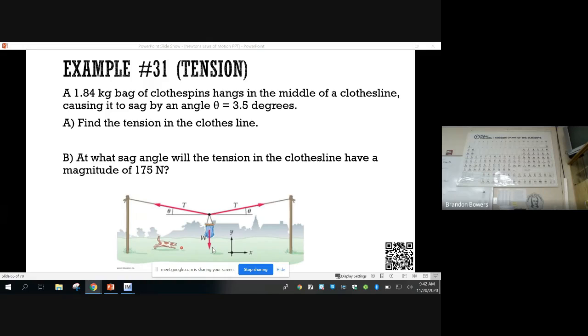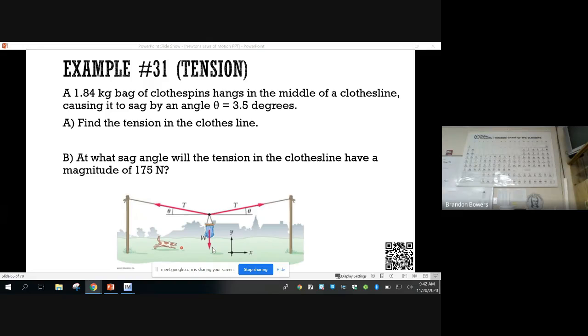Okay, so in this problem, find the tension of the clothesline. So the angle is 3.5, right? 3.5 on both sides. Did we find the force due to gravity? 9.6, but that's not. But that's for. Yeah.